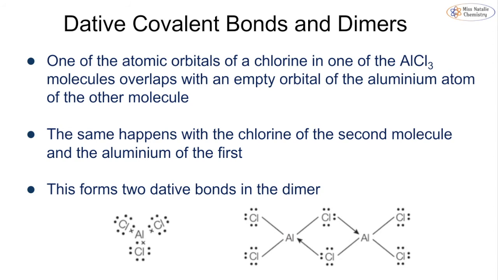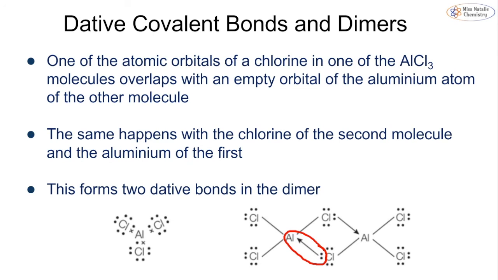So we have an orbital that doesn't have any electrons because we only have 6. So that empty orbital can overlap with a lone pair on the chlorine and we form a dative bond. And we can see that here. So this lone pair overlaps with the aluminium empty orbital, forming a dative bond.